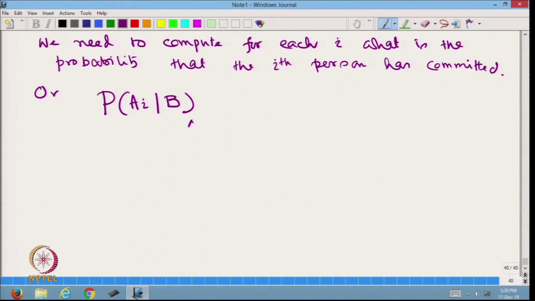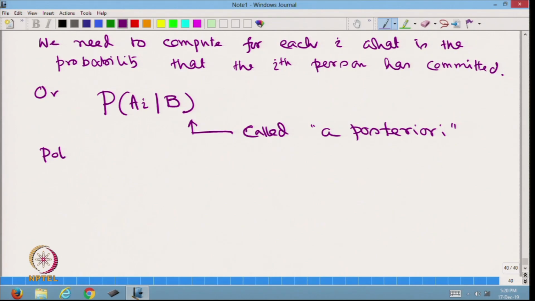So, such probabilities are called a posteriori, because we are looking at the probability after something has happened.